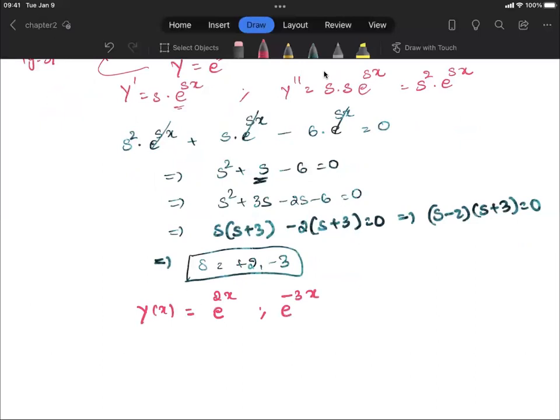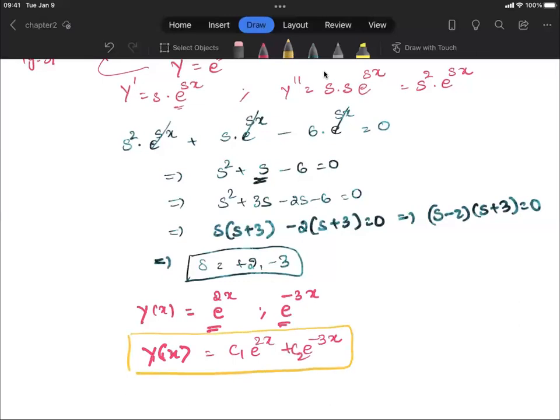When there are two independent solutions, where one solution is not just a multiple of the other, in this case, these two are two independent solutions, a general solution for the differential equation can be written as a linear combination of the independent solutions. So this will be a solution to this differential equation.